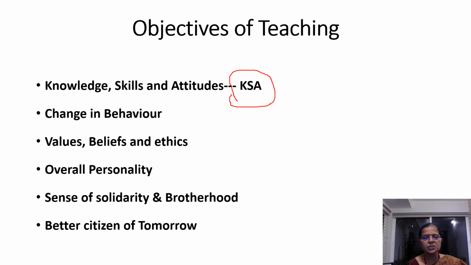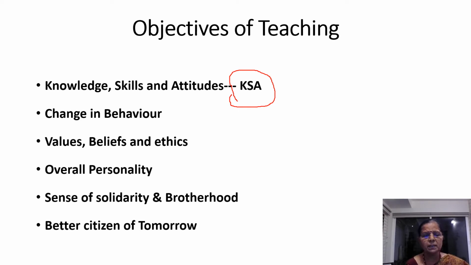Any teaching, any education should develop all the other domains. Physical development should be there, mental development should be there, emotional development should be there, and moral development should be there, vocational development should be there.